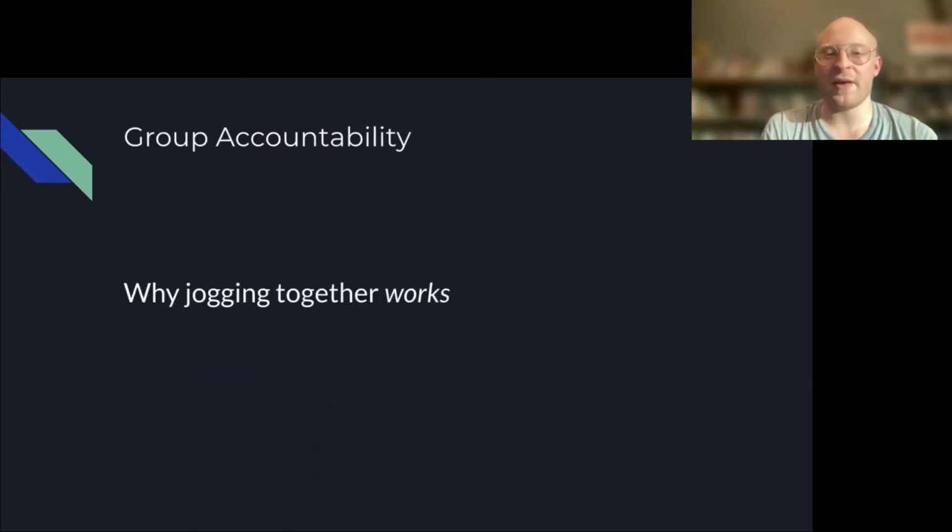Next up, something that we haven't used enough in DG, we used to use it more, and there's another group that actually uses this to a much better rate of success, is group accountability. So if you've ever wondered why people who jog consistently will often jog in groups, the reason is no one in the group actually wants to be jogging. Everyone wants to stop, but you don't want to be the first guy to stop and embarrass yourself in front of your friends.